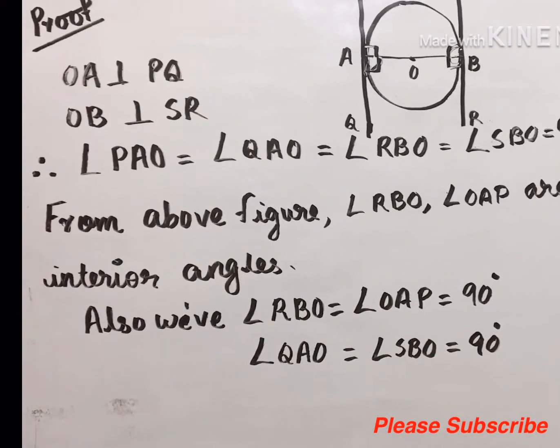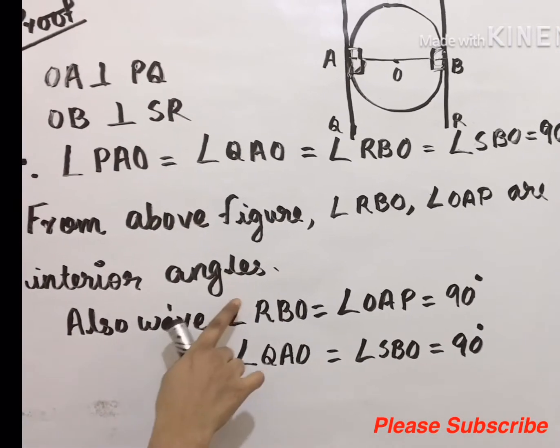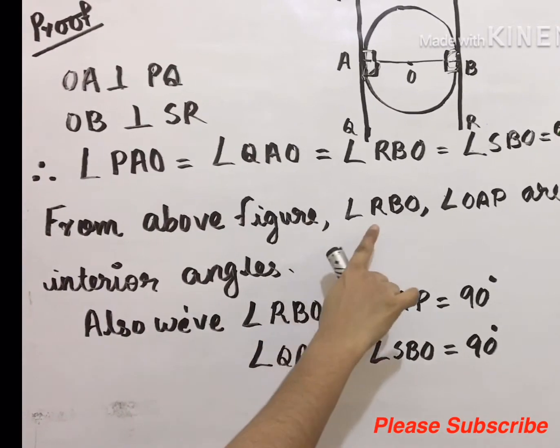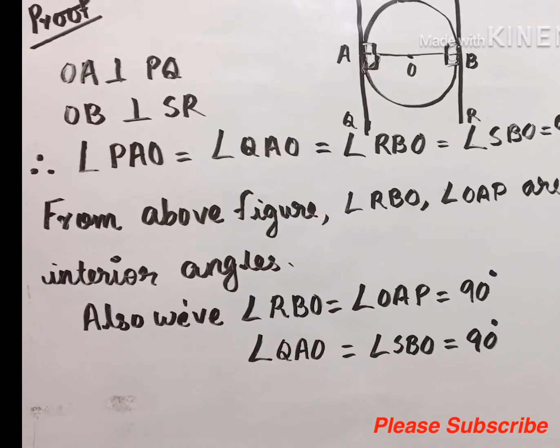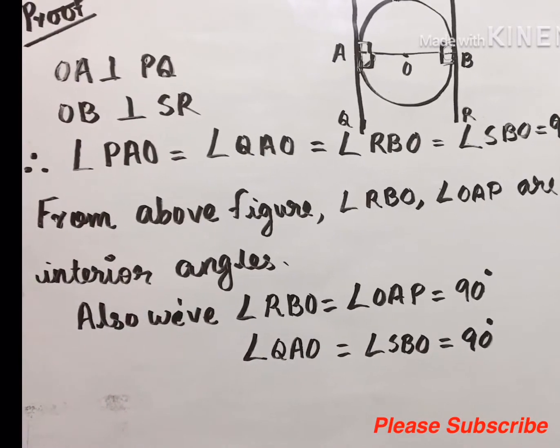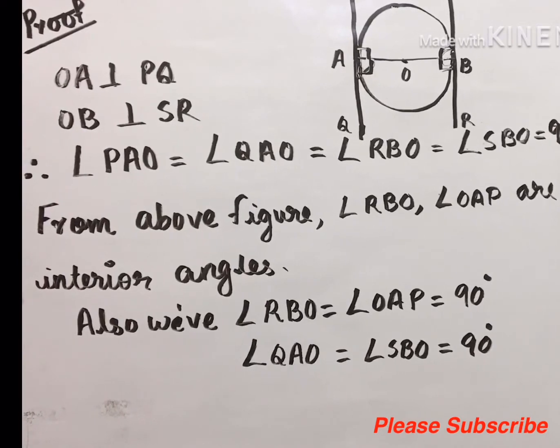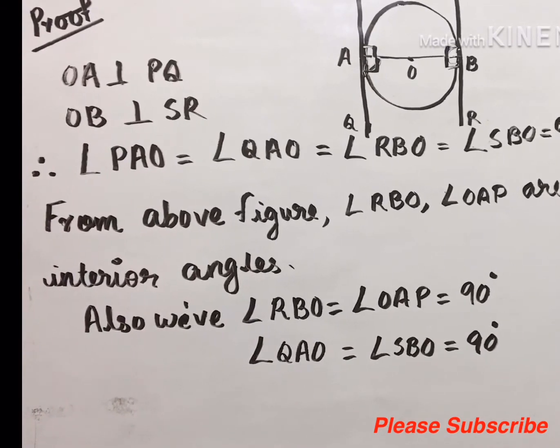So we get that these angles are equal and each is 90 degrees, and also these angles are alternate interior angles. From this we can say that the lines are parallel. Therefore PQ and SR are parallel.